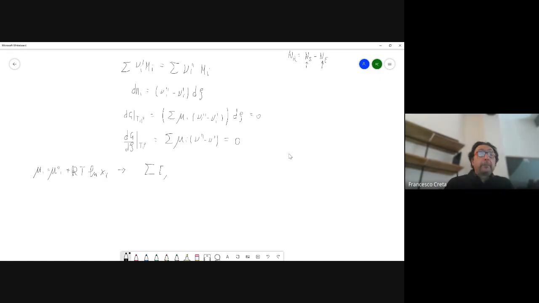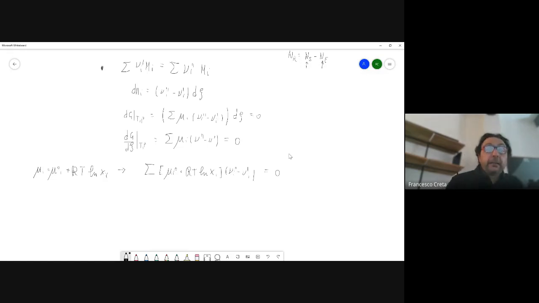So that would be mu_i 0 plus RT logarithm of the mole fraction, times the difference in stoichiometric coefficients. Again, we're considering just one reaction, this one here, that is equal to 0.